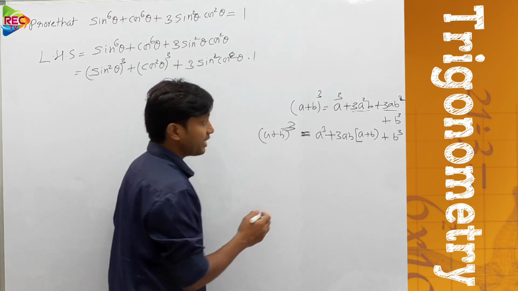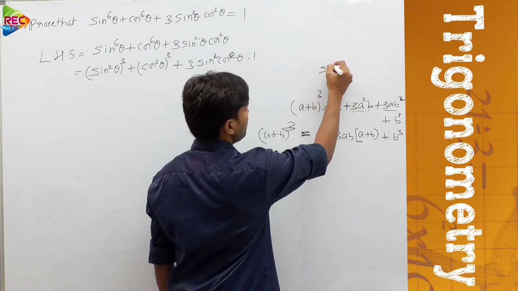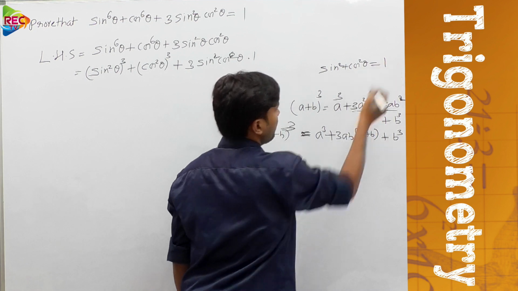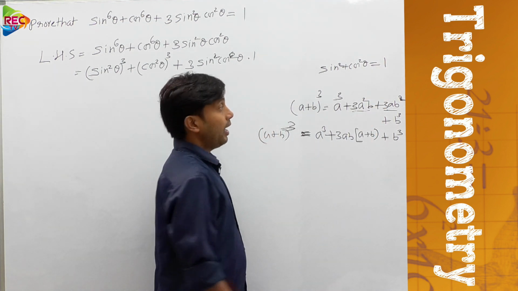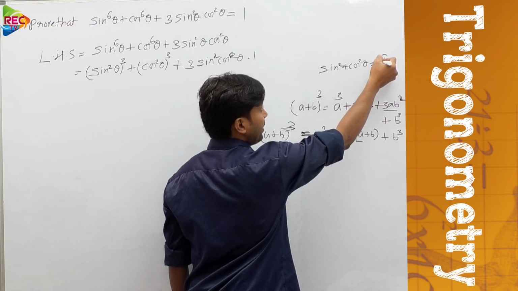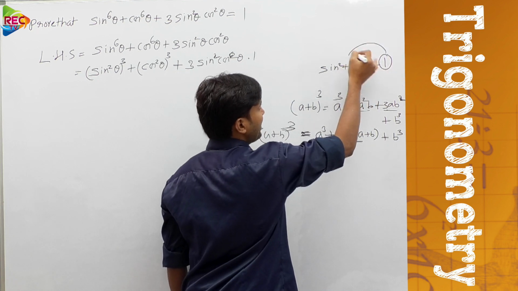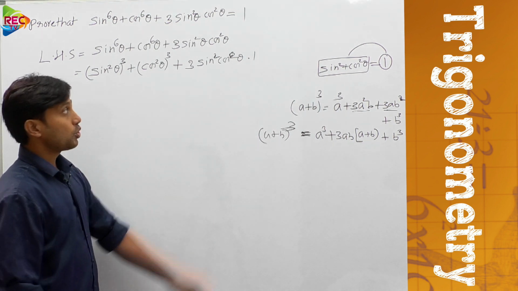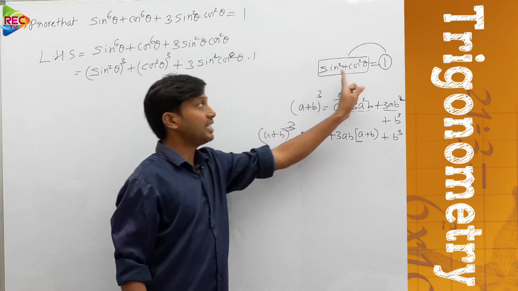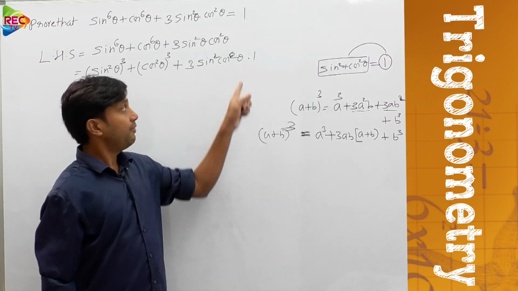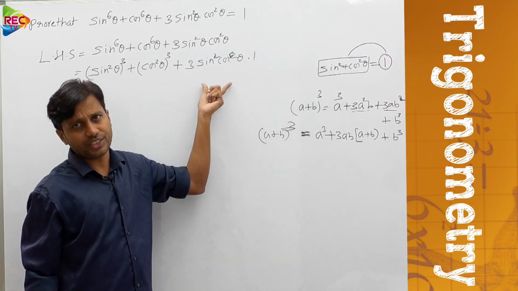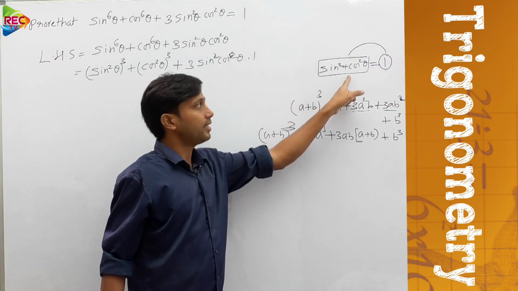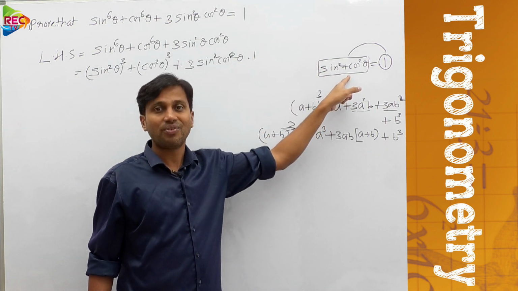Now from the basic trigonometric identity, sine square theta plus cos square theta is equal to 1, or not? So in place of 1, we can write sine square theta plus cos square theta. When I multiply by 1, it remains unchanged, so there is no effect of 1 over there. So 1 can be written as sine square theta plus cos square theta.